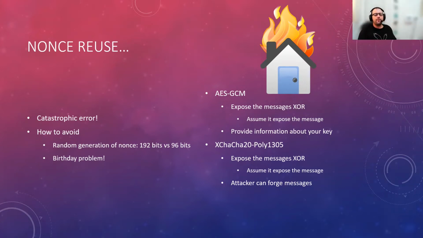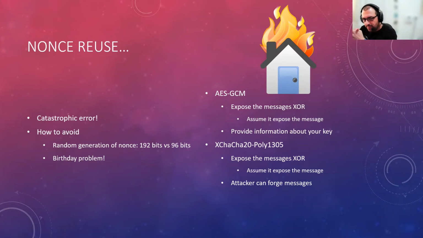And that is sufficient for you to actually know the message itself. It's relatively trivial to go from the value is encrypted, to I have the XOR of the encrypted messages, to I have the messages themselves. It also provides quite a lot of information about the secret key that you're using, which, as you can imagine, isn't fun to have at all.